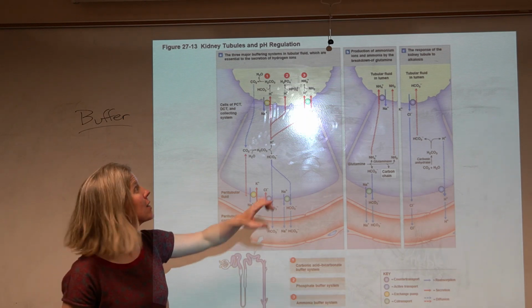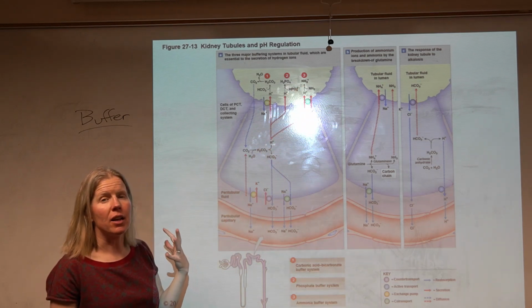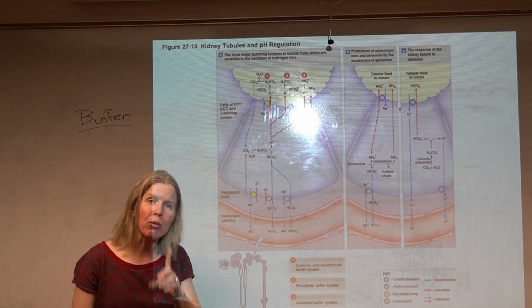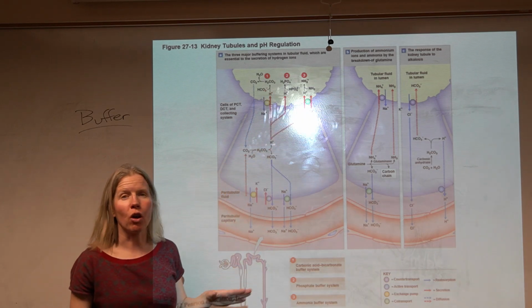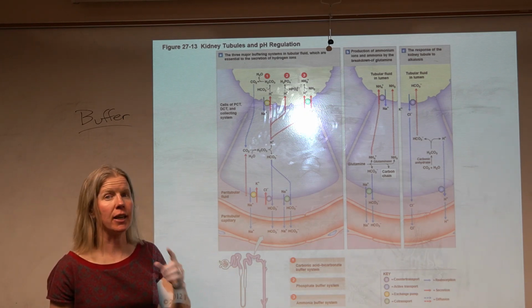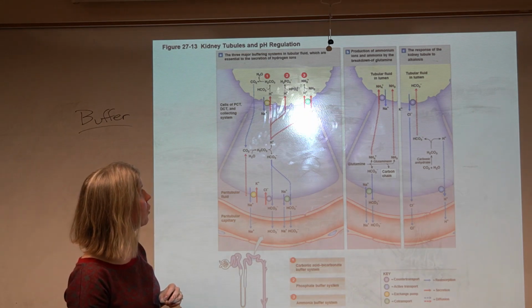As long as there are these buffers, the phosphates and the ammonias, in the urine to accept those hydrogens. If you run out of buffers in the urine, this diffusion no longer works, right? So you stop secreting hydrogens to the kidney. So you do need those buffers to be available, right?